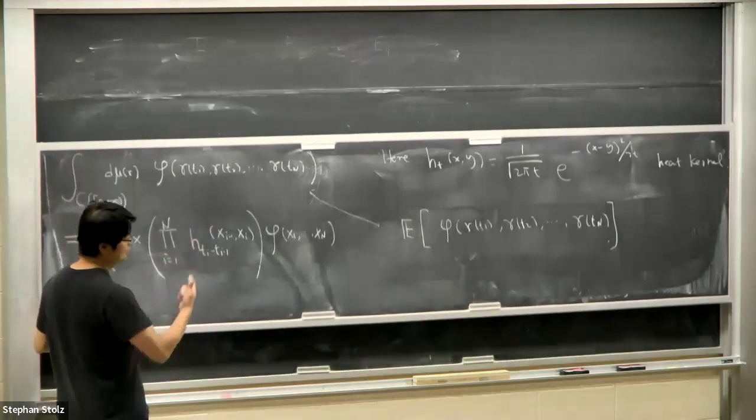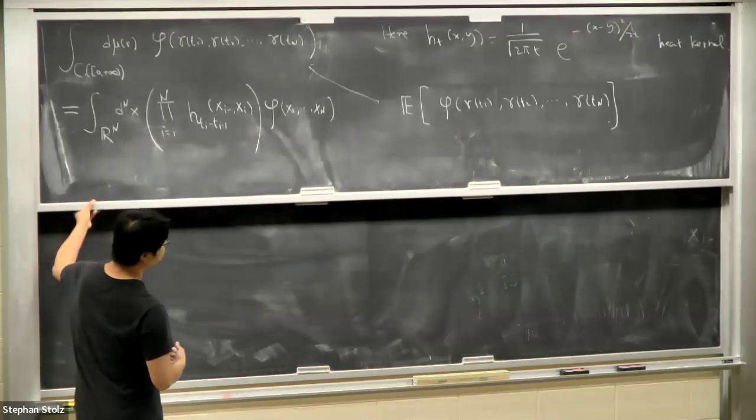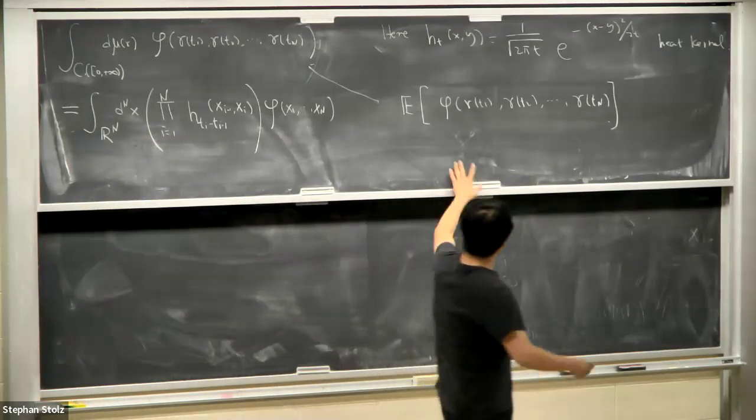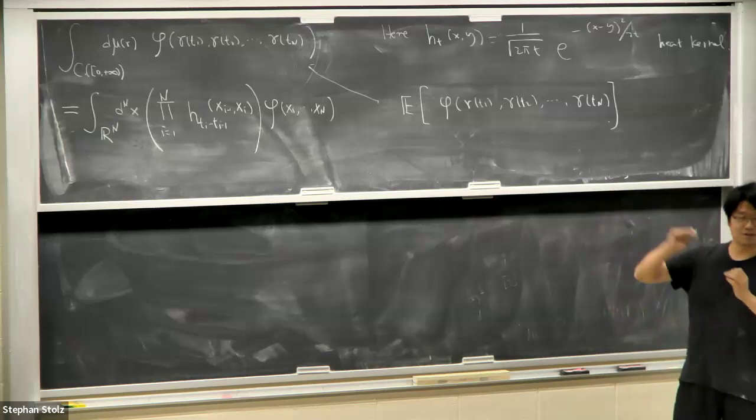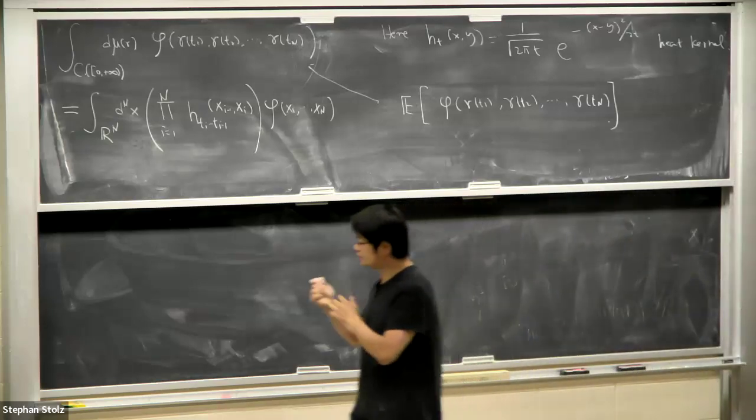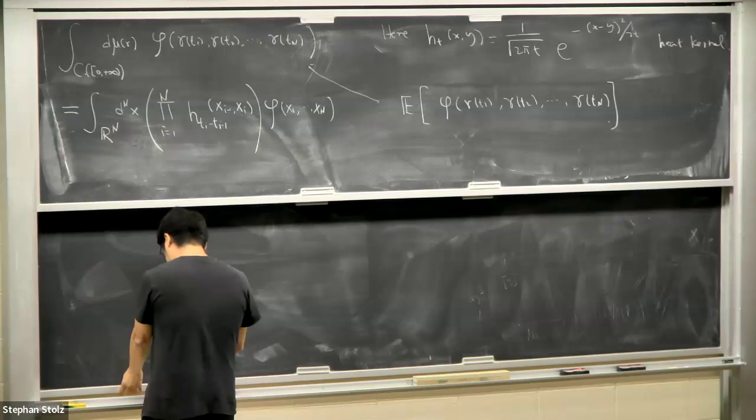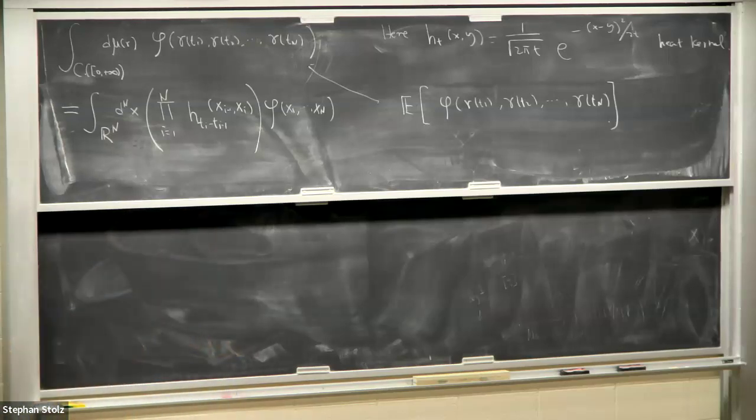But this is the thing. So with this measure, you can construct some interesting random variables, which is called a Brownian motion.